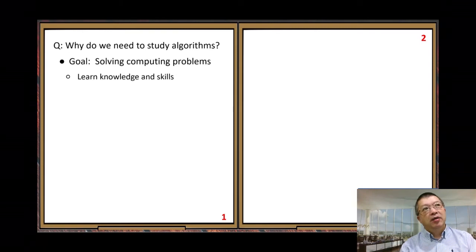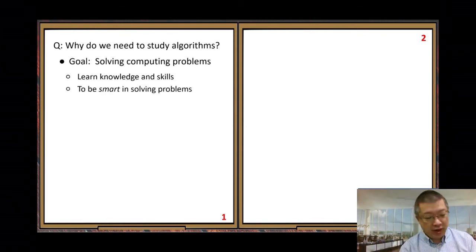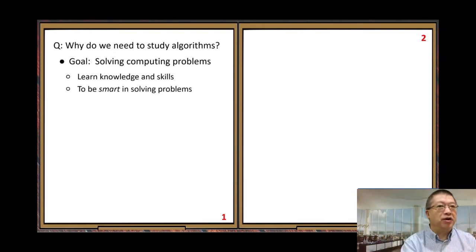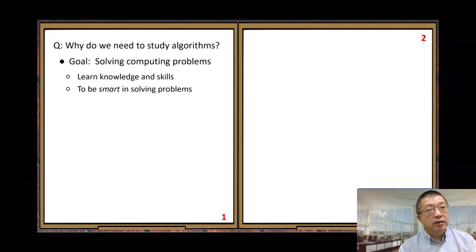But that's still not enough. You need to be able to apply the knowledge and the skills in problem solving, and to be smart in problem solving. You will see the smart way and the non-smart way are quite different. So we will have this kind of experience again and again through this whole class.